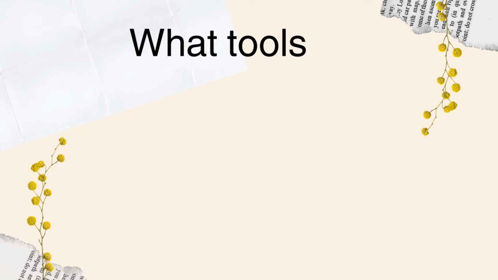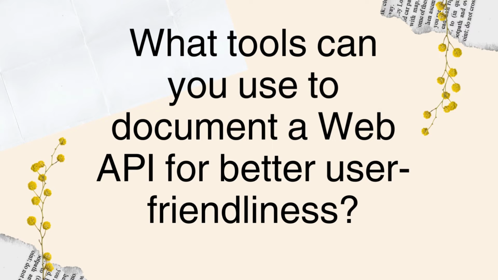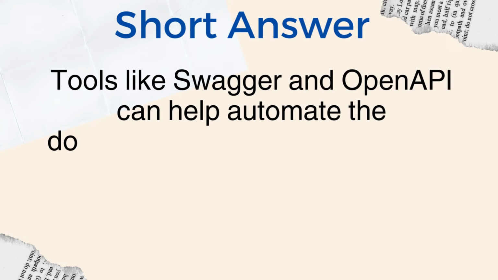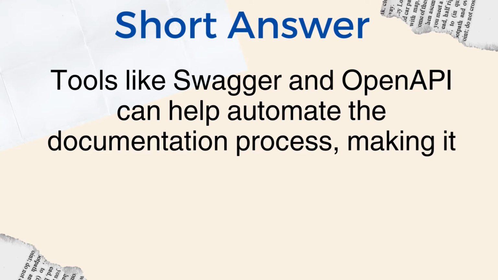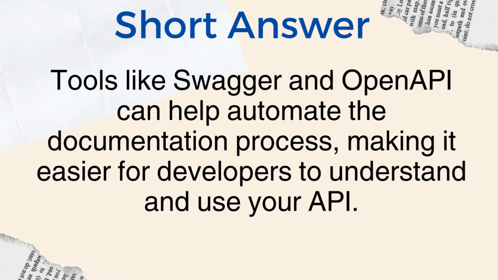Another important thing is, what tools can you use to document a web API for better user friendliness? The answer is, tools like Swagger or OpenAPI can help automate the documentation process, making it easier for developers to understand and use your API. What does it mean?